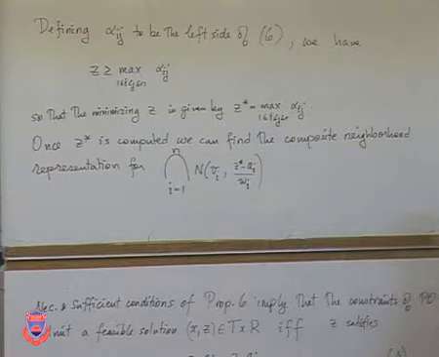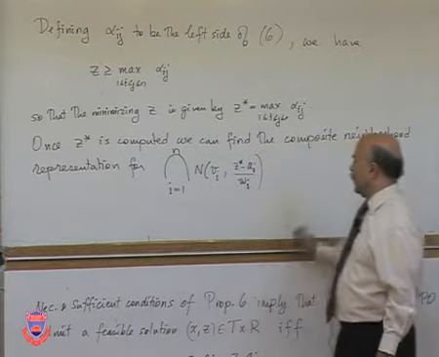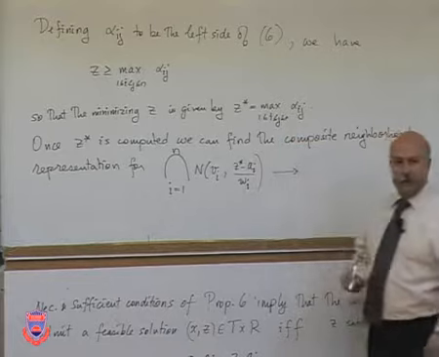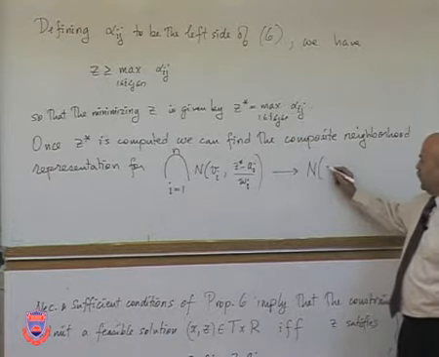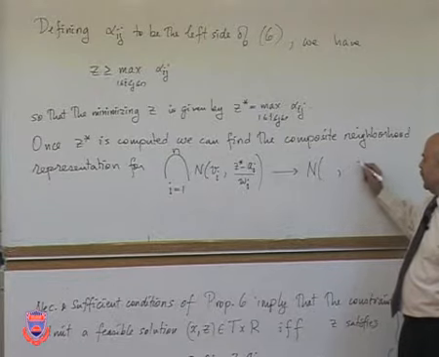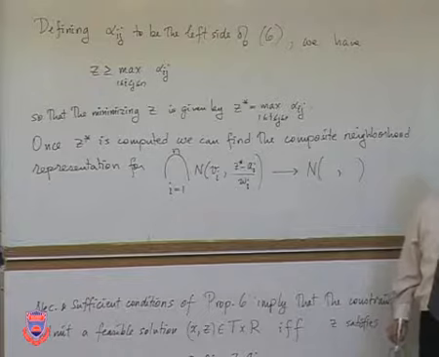And if you compute the composite neighborhood representation for this, it will output a neighborhood with some center and some radius. Radius should be 0. Good. Why?